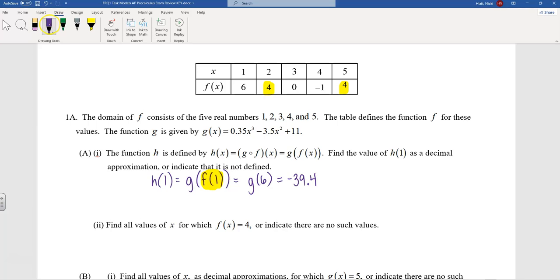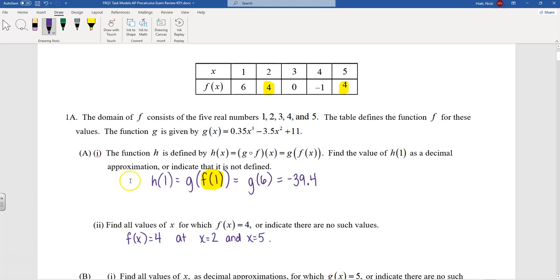So we can say f of x equals 4 at these two locations, and we're given the x coordinates where these happen. So x equals 2 and x equals 5. We're just pulling these from the table, so we don't have to give any more explanation than this either. That's going to be our answer for that part.